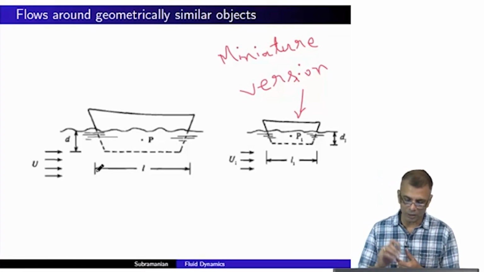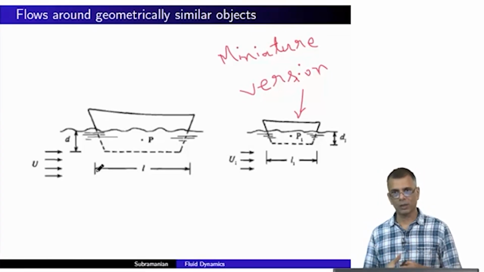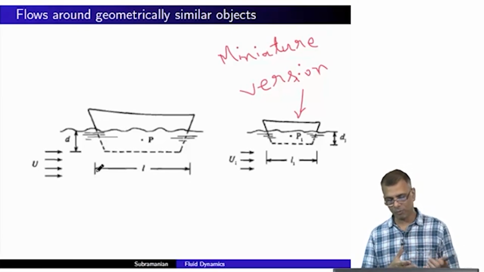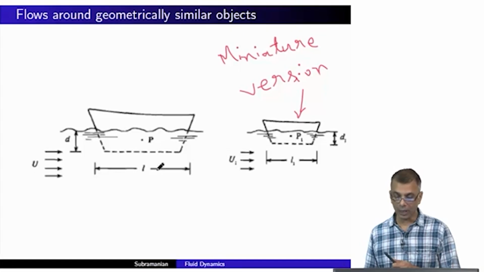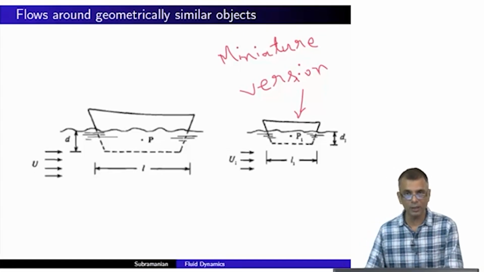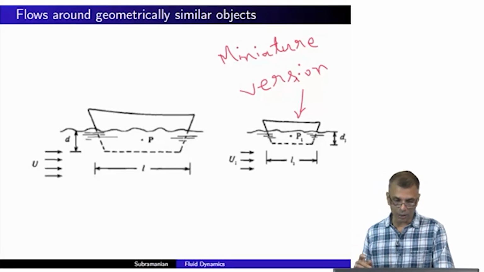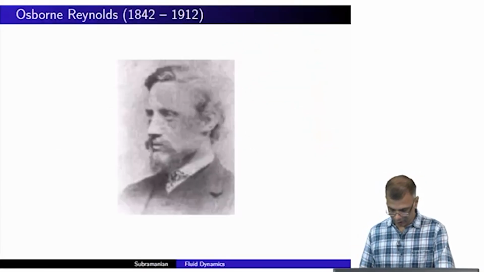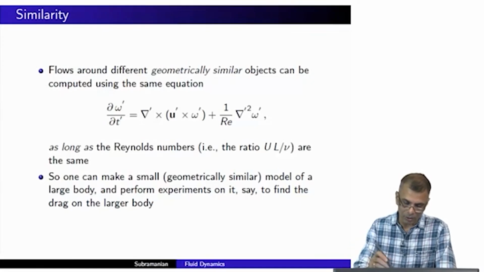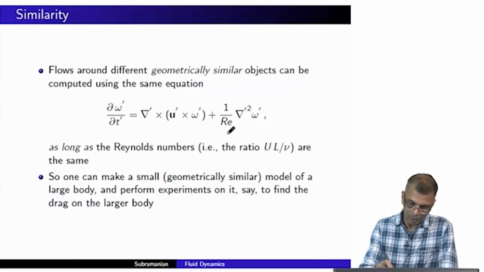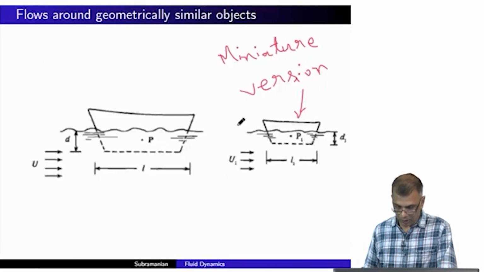So I build a miniature version, take it to maybe an artificial tank or something like that, and perform experiments on it. But I can do this, and I'm guaranteed relatively accurate results only as long as I'm guaranteed that the Reynolds numbers are the same in the two situations.